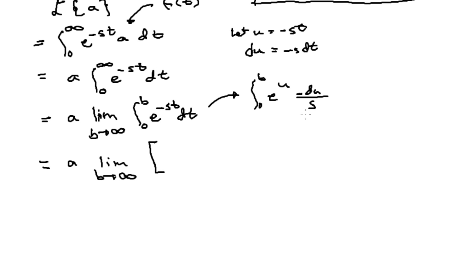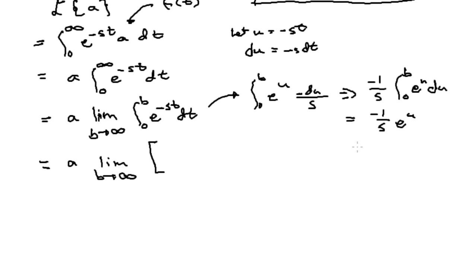Tama ba? Tama. Then, magiging labas natin yung constant and we'll be left with 0 to something that approaches positive infinity ng e^u du. This one is just negative 1 over s e^u.